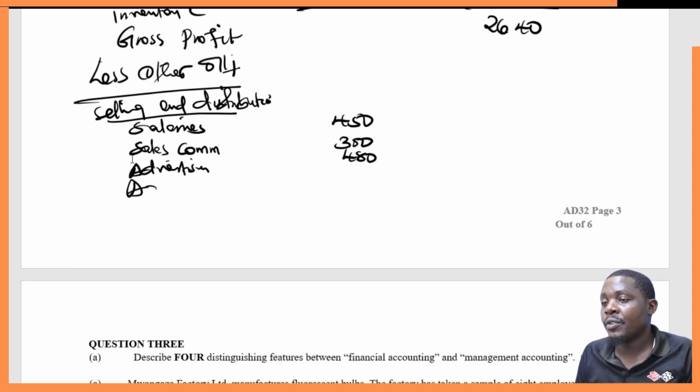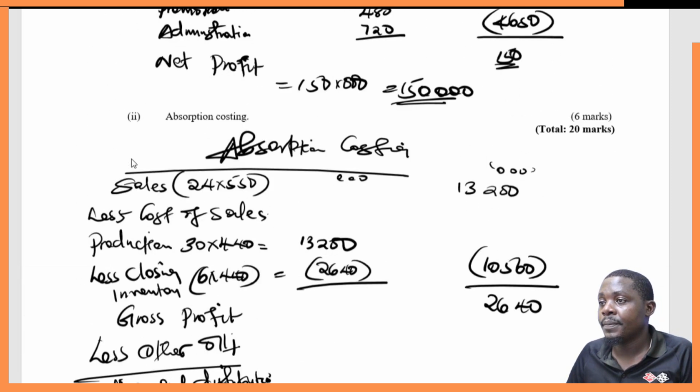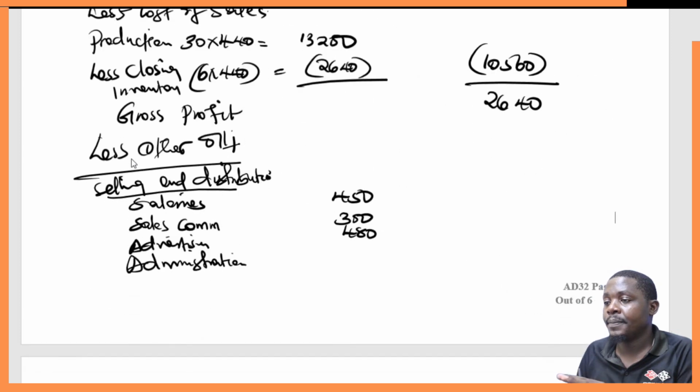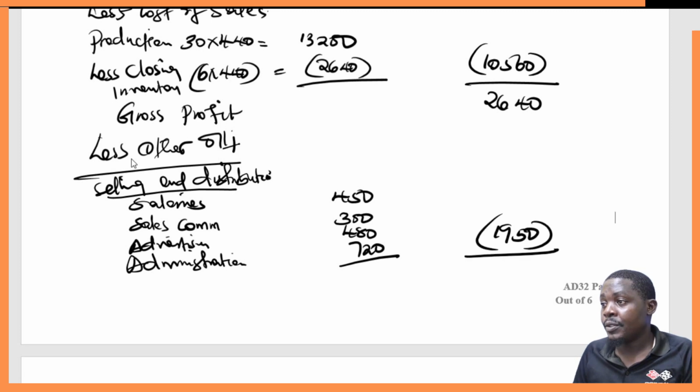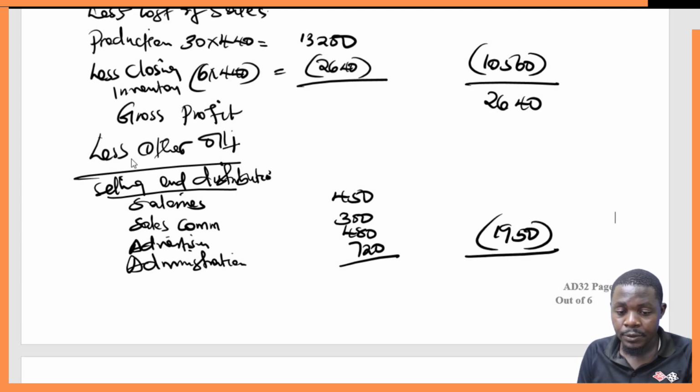Then we had administration, which was 720. Then we can do the evaluation, that's 450 plus 300 plus 480 plus 720. We are getting 1,950. And then when you take 2,640 minus the answer, we have 690.